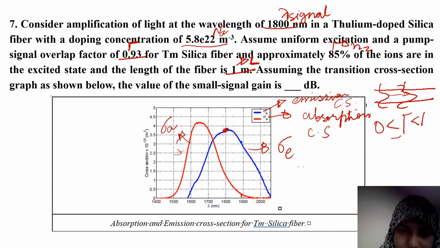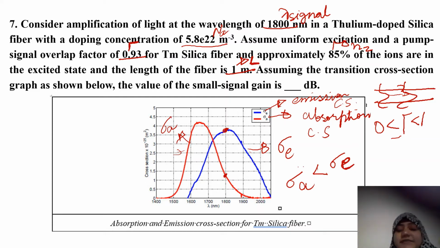And at 1800 nanometers, this is my absorption cross section, which is less than 1.5 but greater than 1, so say 1.3, because it's between 1 and 1.5. So we see that over here the absorption cross section is less than the emission cross section. Always try to find as much data as you want. Absorption cross section is less than the emission cross section. That means we'll have a sufficient gain in this.